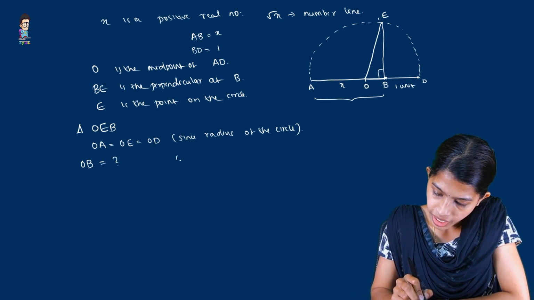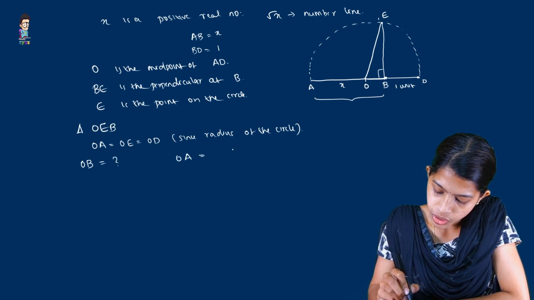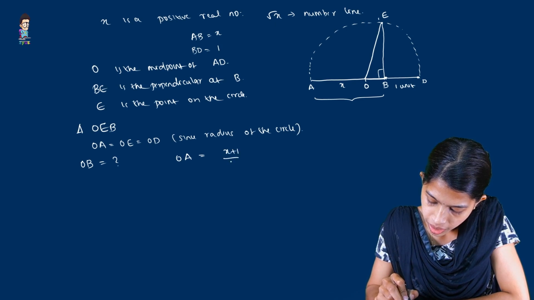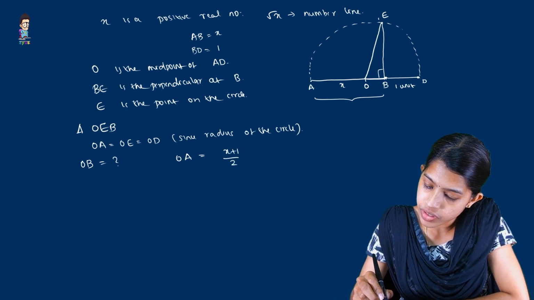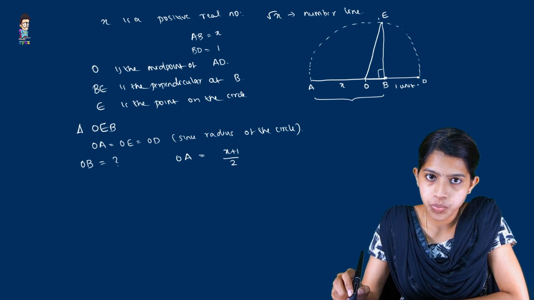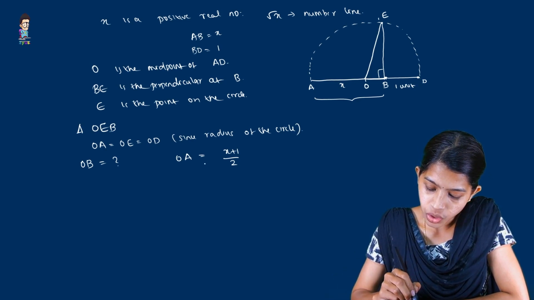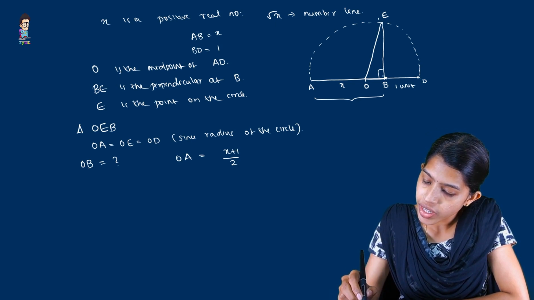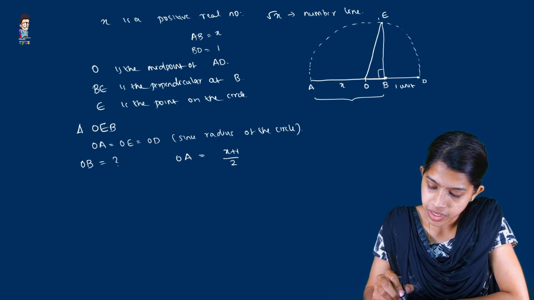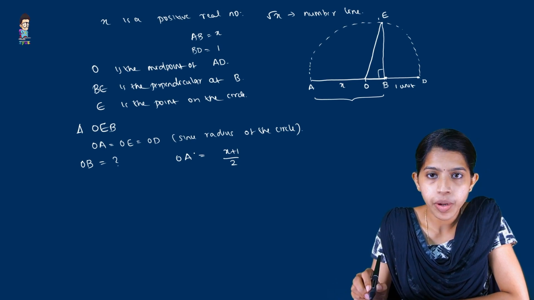Here we know that OA is equal to (x plus 1) by 2, since the length of line segment AD is x plus 1, and O is the midpoint, so the length OA is equal to (x plus 1) by 2. To find OB, we need to subtract this OA from AB.